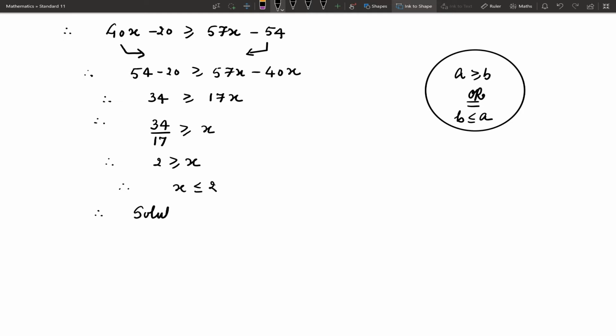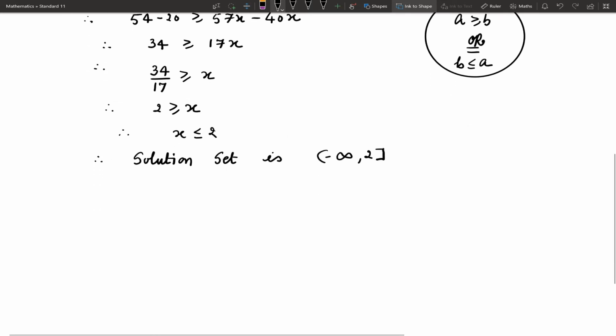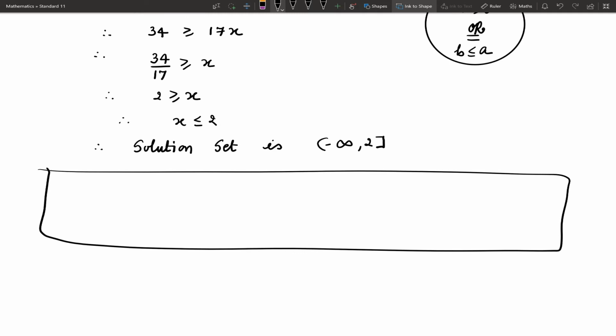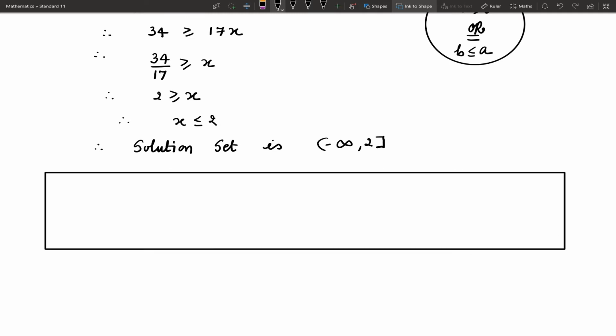Therefore the solution set is, since it is a closed inequality, here there will be a closed interval, minus infinity to 2. Now the question is completed, but suppose we want to denote this solution on the real line.